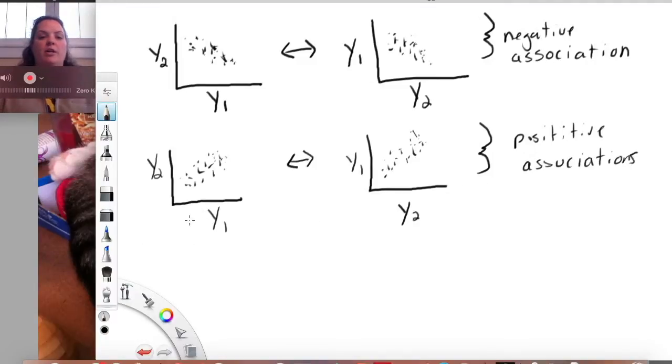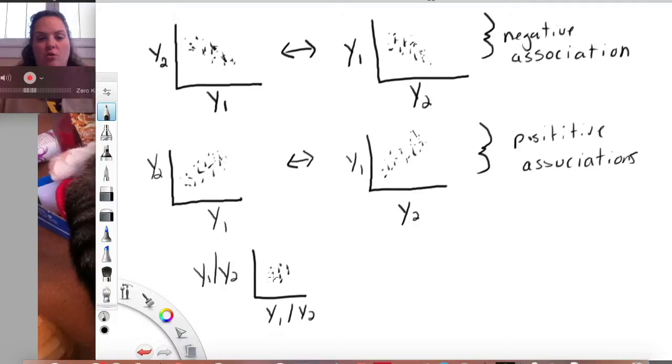So as y1 increases, the association with y2 increases, so there's a positive association between these two. So again, let's just look at our null. This could be either y1 or y2, it doesn't matter. Same with this, y1 or y2. And the null is that there's no association. So you see no positive or negative direction, there's just no association, period, right?